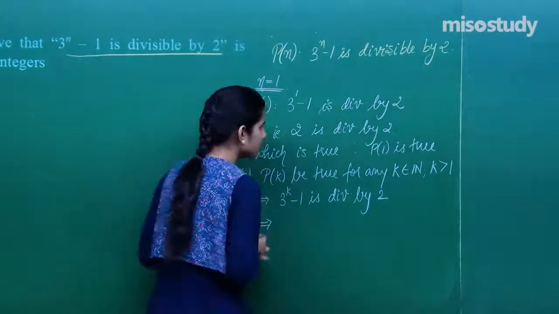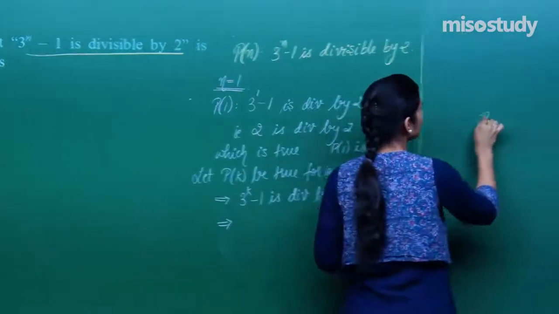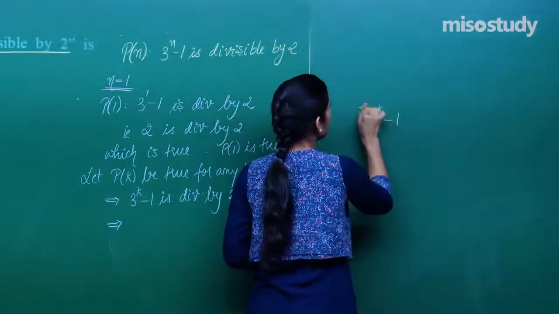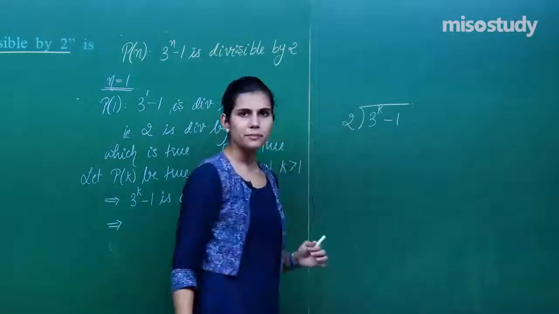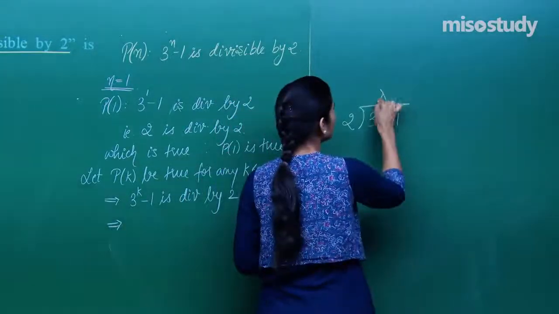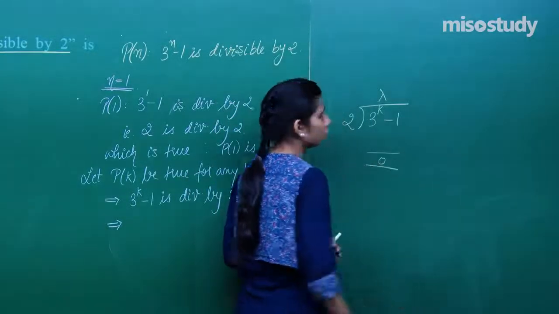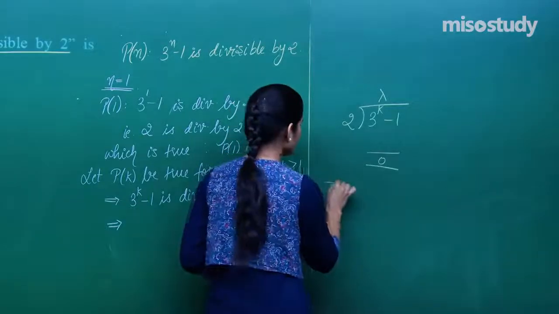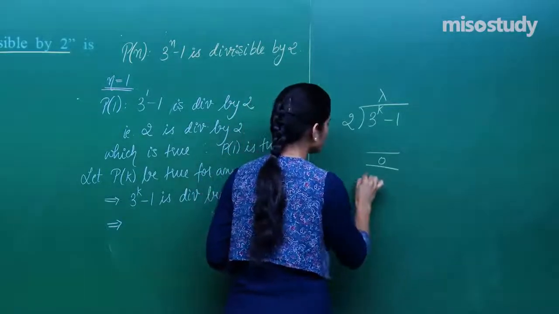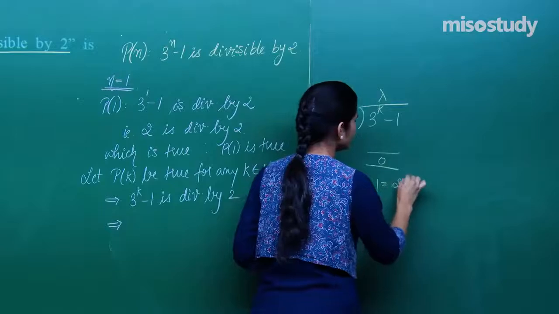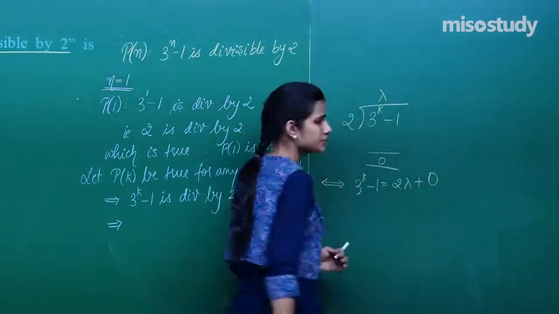That means, when I am saying 3 to the power k minus 1 is divisible by 2, when you divide 3 to the power k minus 1 by 2, there is some quotient and the remainder is 0. Therefore, by division algorithm, you can write dividend is equal to divisor into quotient plus remainder.